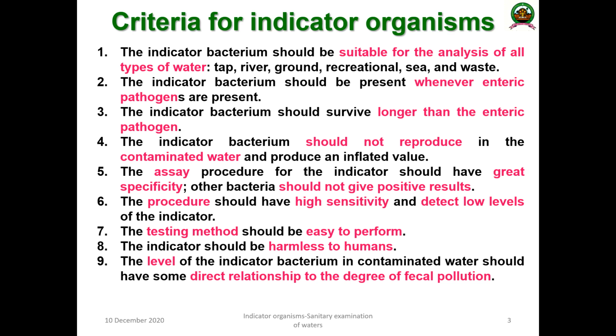That water can be simply tap water or pond water or river water or well water, ground water, recreational water or sea water or waste water, etc. So for any type of water, the indicator organism should be suitable.